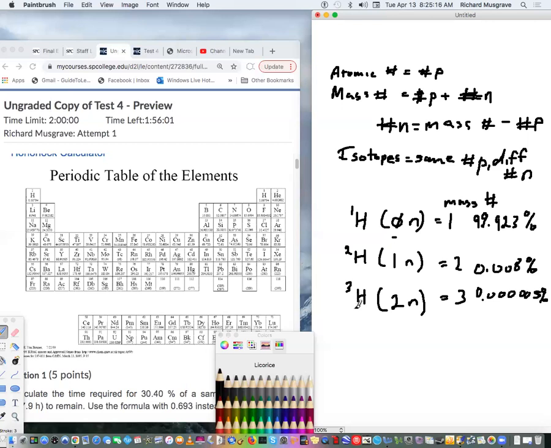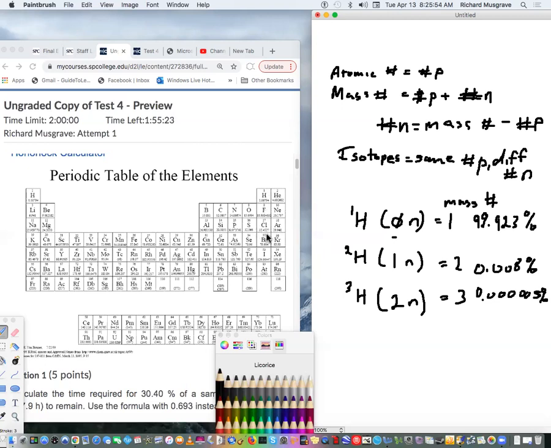So tritium is the radioactive version of hydrogen, and it's not very common. But what we do here is all of these natural abundances get factored in, and the atomic mass that appears on the periodic table is based on all of these isotopes, weighted for their natural abundance. So the mass for hydrogen here is 1.00794, which is pretty close to 1, because 1 is by far the most common of all of these.